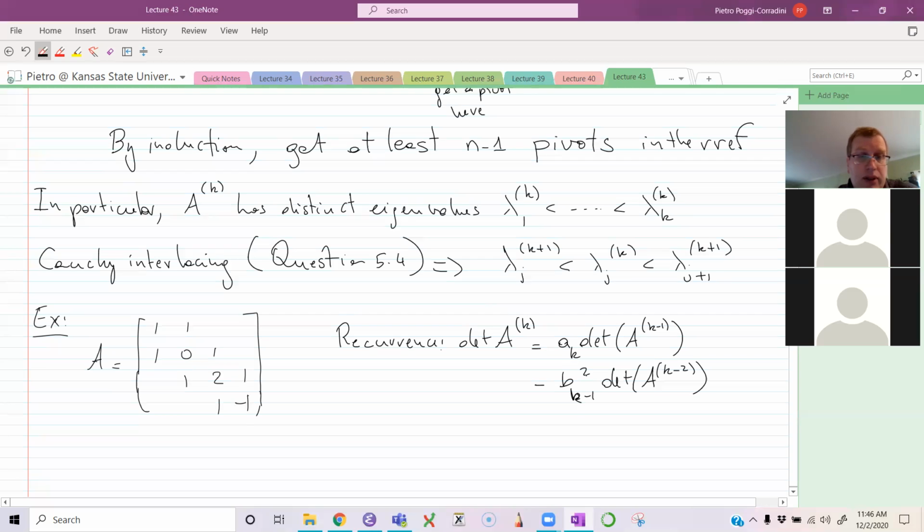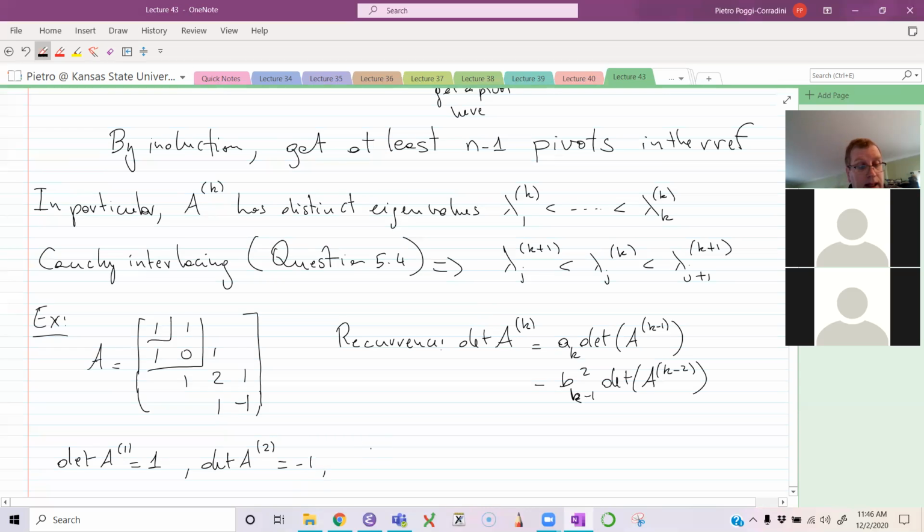Okay, so it's not hard to believe that because of the tridiagonal structure, you get this nice recurrence. So for instance, in this case, the determinant of A1 is just 1. And then the determinant of A2, that would be these 2 by 2 block, that's -1.